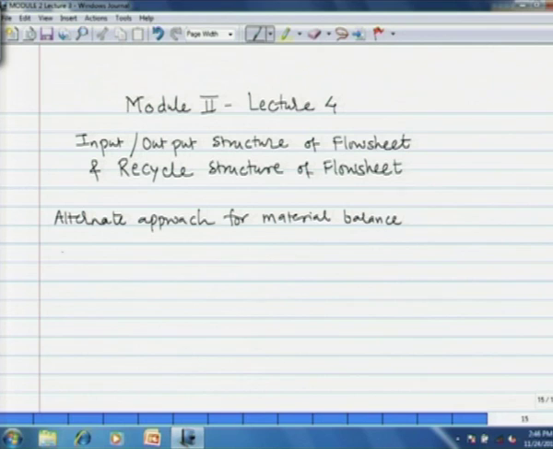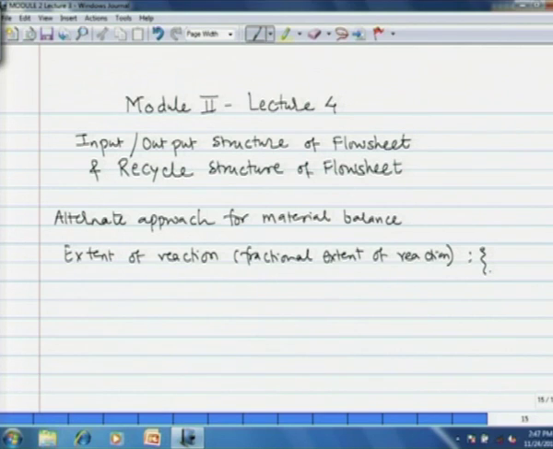Now, here we will use the extent of a reaction, or fractional extent of a reaction, as a parameter, and that we will denote by letter zeta. Okay. Now, let us try to develop material balance for the HDA process with this approach.